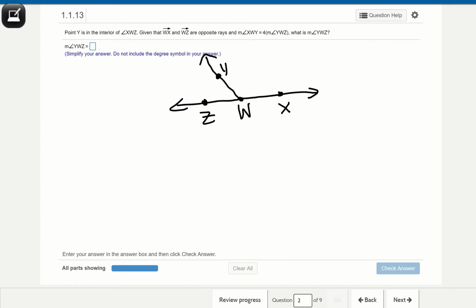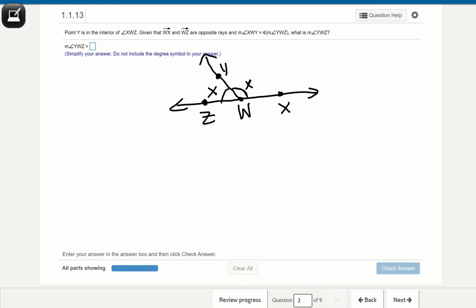And so now we have two angles here: the angle ZWY and the angle XWY. They're saying that XWY is 4 times as large as YWZ. So let's call YWZ x, on the left side.